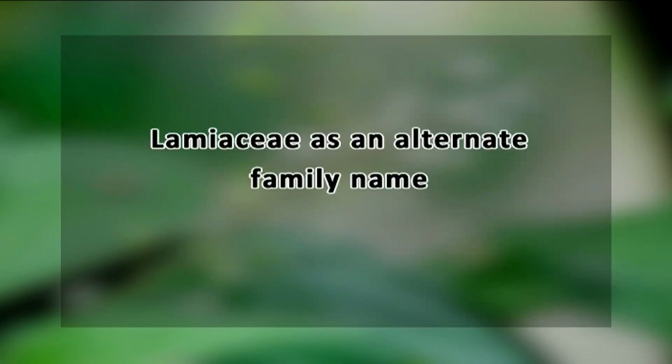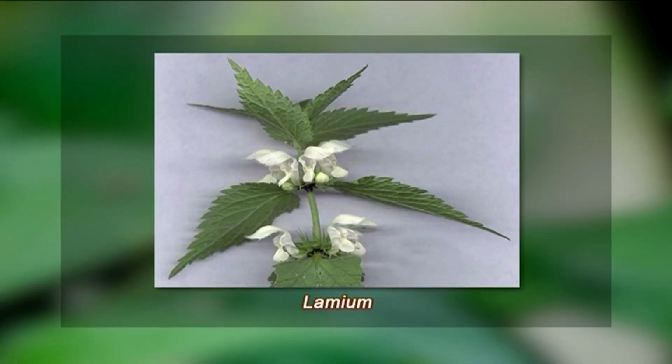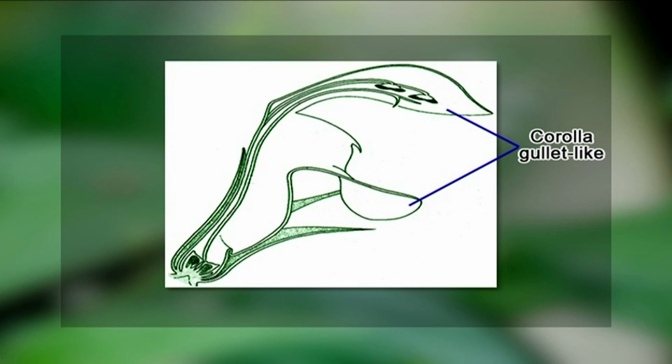Later on, Lamiaceae, which is the present name, was given as an alternate family name by Martin Noe. It is based on the scientific name of the type genus Lamium. The term Lamium is basically a Latin word which means gullet, because the shape of the corolla tube in the Lamiaceae is just like a gullet.